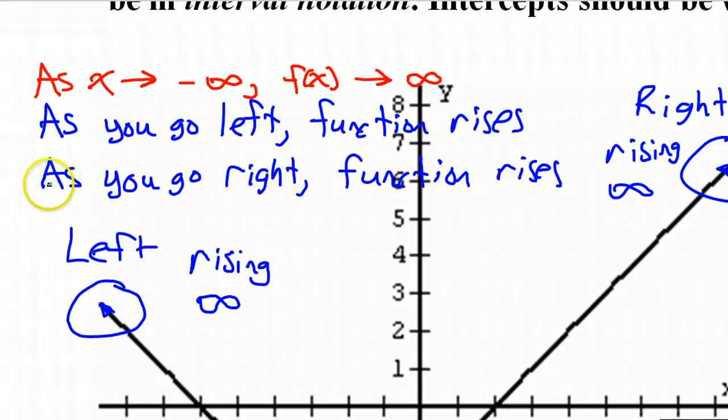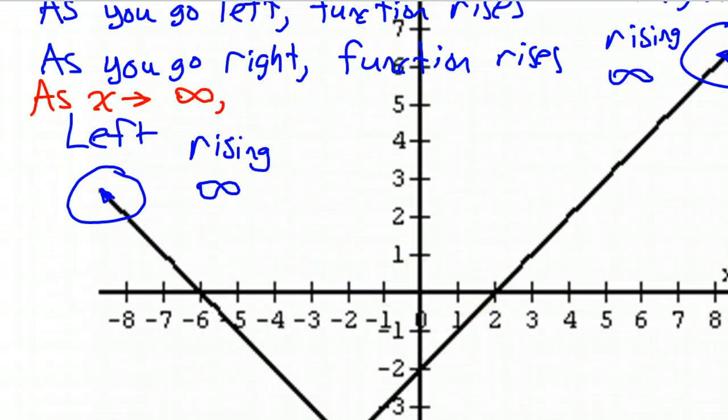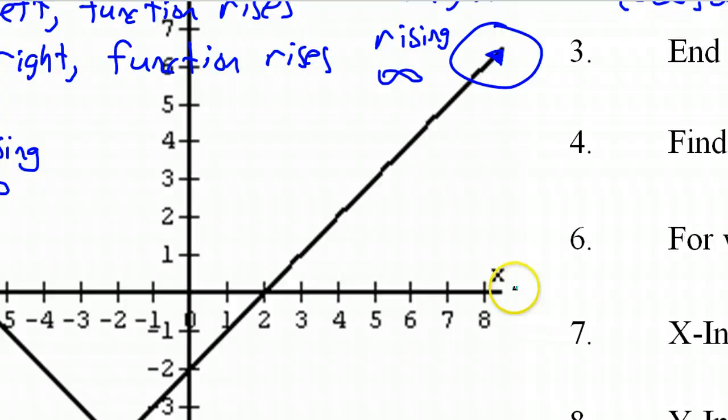So similarly, a mathematical way of saying as you go to the right is you can say as x approaches positive infinity. Because this is the x-axis right here. So as the x values approach positive infinity, you could think of this as being positive infinity over here.